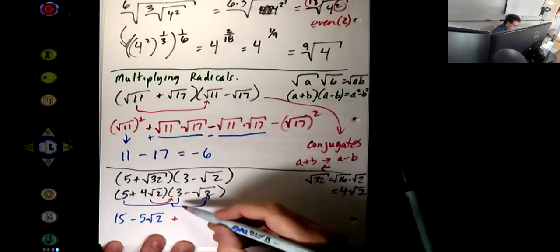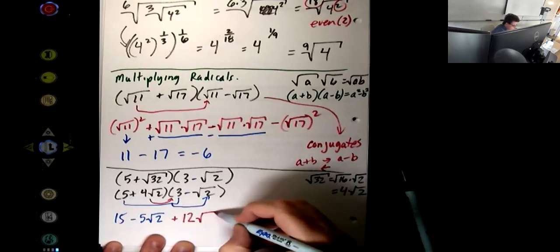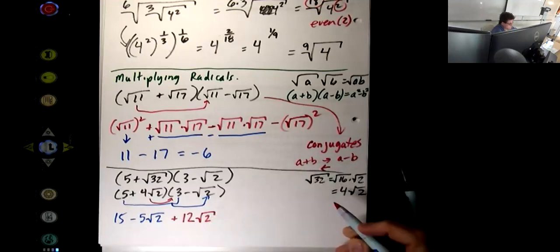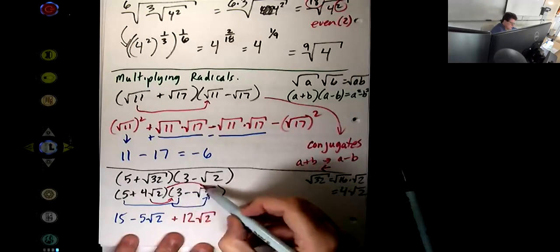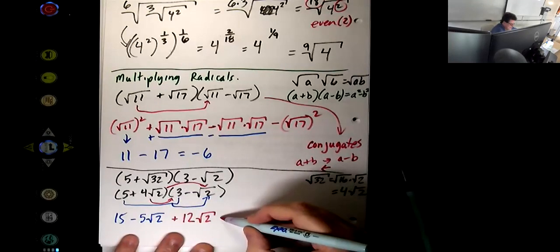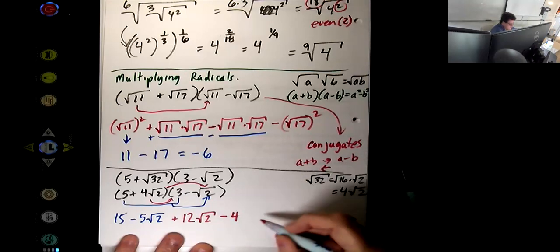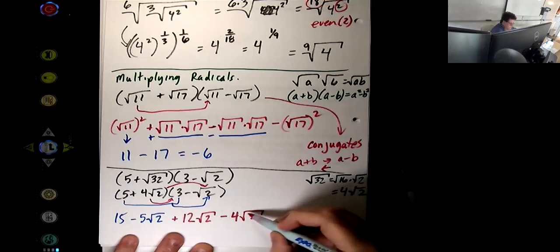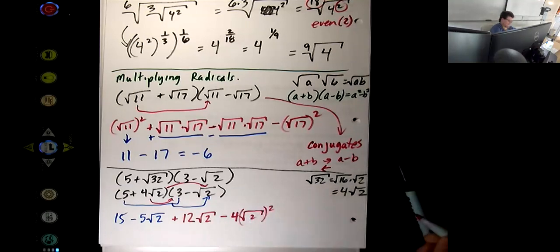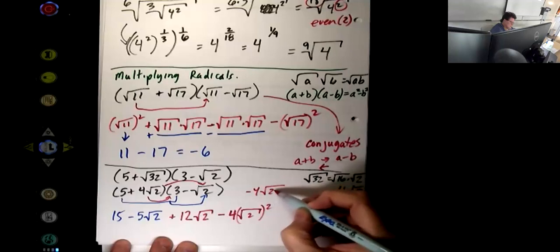The 4 times the 3 are what get multiplied together, and we leave the root 2 alone. And then we've got 4 root 2 times negative square root of 2. This is negative 4 times square root of 2 squared, or you could put negative 4 times 2 times 2 like that.